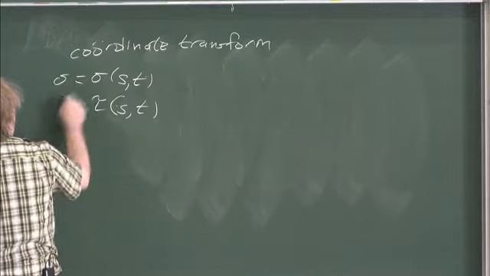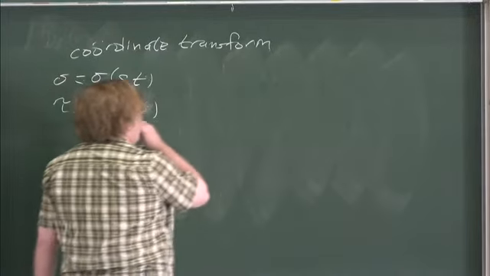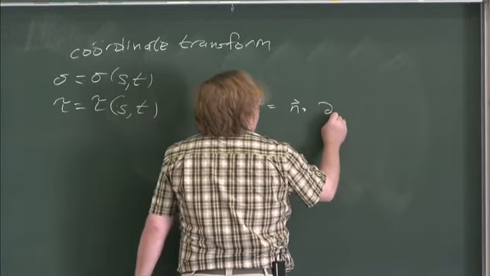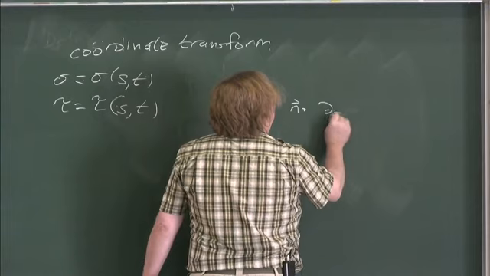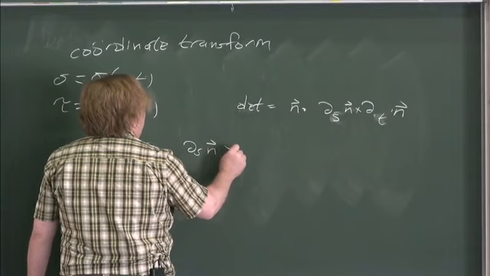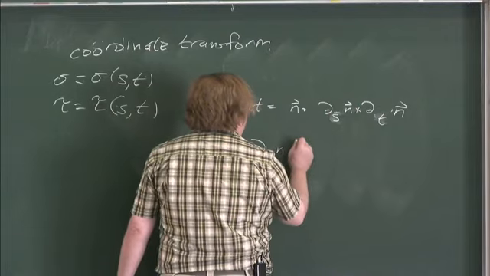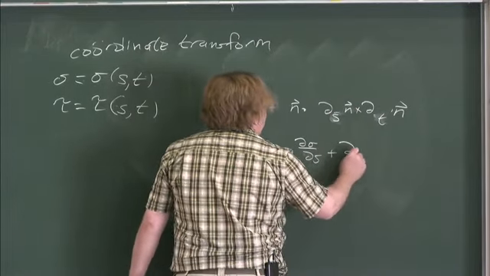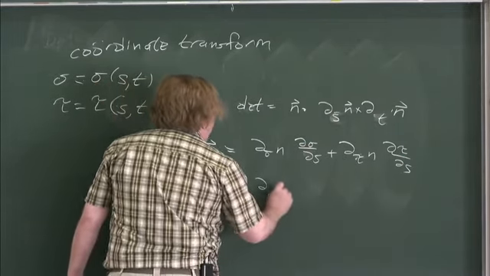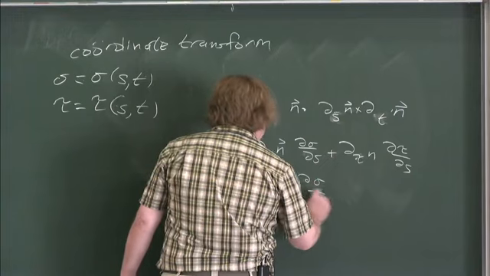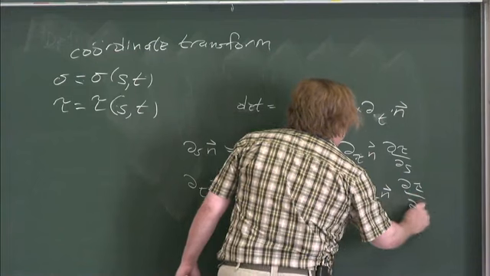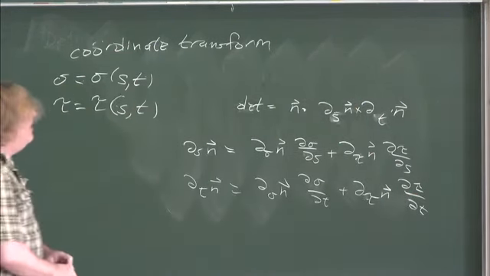Then I can calculate n dot ds n cross dt n, the determinant. But ds n is d sigma n d sigma ds plus d tau n d tau ds, and dt n is d sigma n d sigma dt plus d tau n d tau dt. How exciting is that?